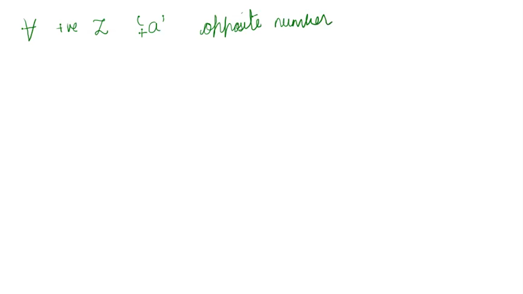So there exists an opposite number called the negative of a, and we represent it as minus a. Suppose, for example, I am having an integer plus 4. The opposite number of plus 4 is the negative of 4, that is minus 4.